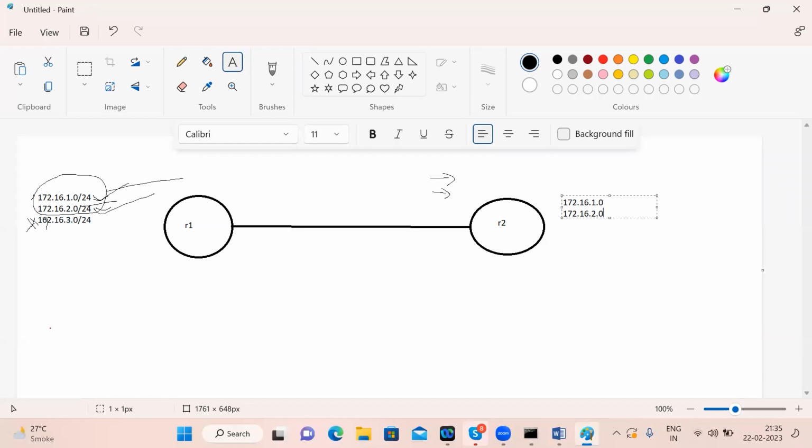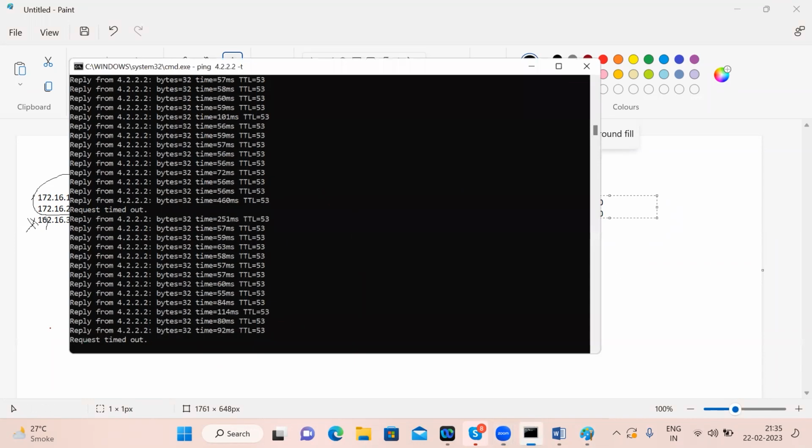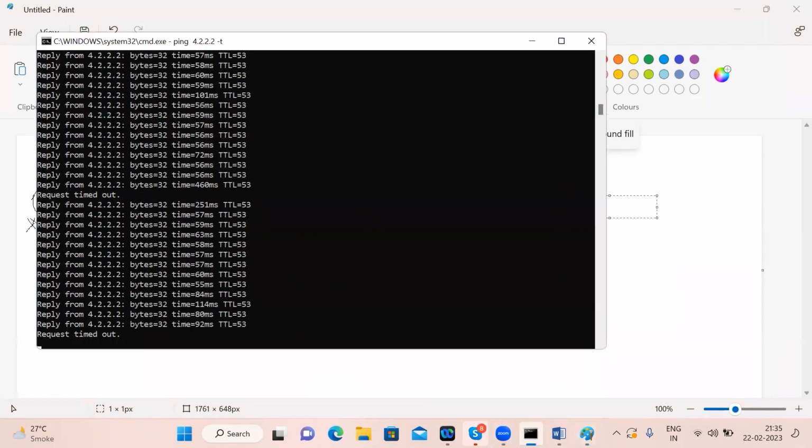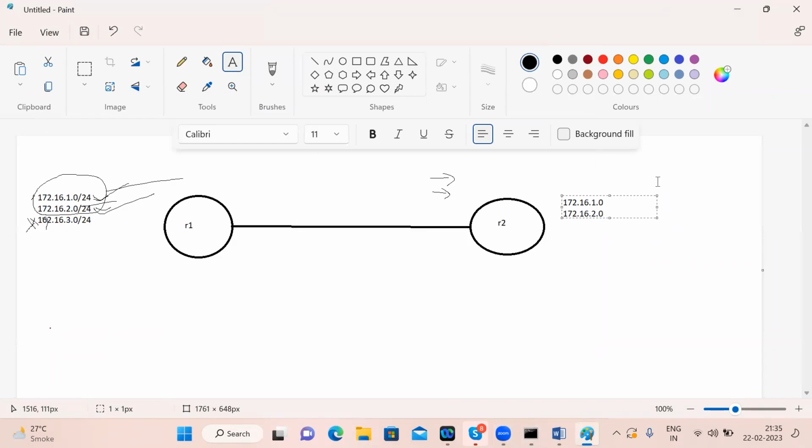Network is not there. Subnet mask is not there. That means it is incomplete information. Is it or not? Yes, sir. It's incomplete only.